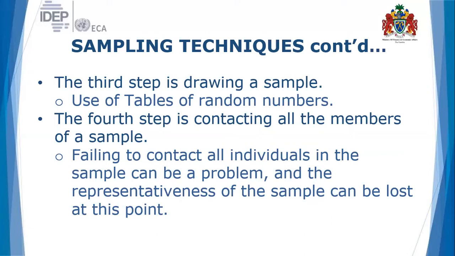The fourth step is contacting all the members of that sample that has been drawn. Sometimes, practically, it becomes difficult to contact every member or element that has been included in a sample.